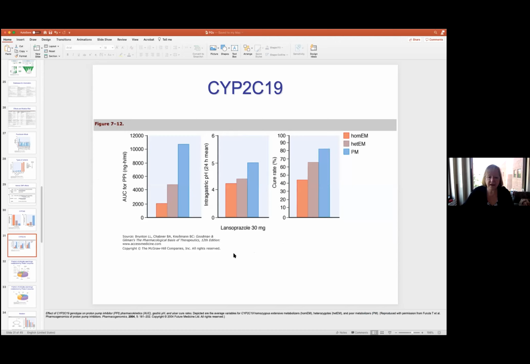For CYP2C19, you are looking at homozygous extensive metabolizers, heterozygotes, and then poor metabolizers, okay? Once again, 3 different versions. The area under the curve is really low for the homozygous extensive metabolizers, which is what you would expect, right? And very high for the poor metabolizers.